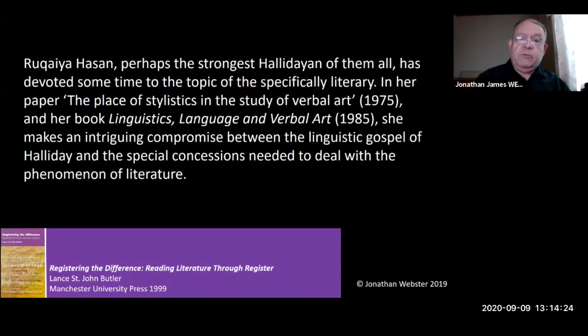Now, someone else writing from a different perspective, from a literary perspective, on Ruqaiya Hasan, says this. This is Lance St. John Butler, and it's from his book indicated there, Registering the Difference: Reading Literature Through Register. And he writes this: Ruqaiya Hasan, perhaps the strongest Hallidayan of them all, has devoted some time to the topic of the specifically literary.